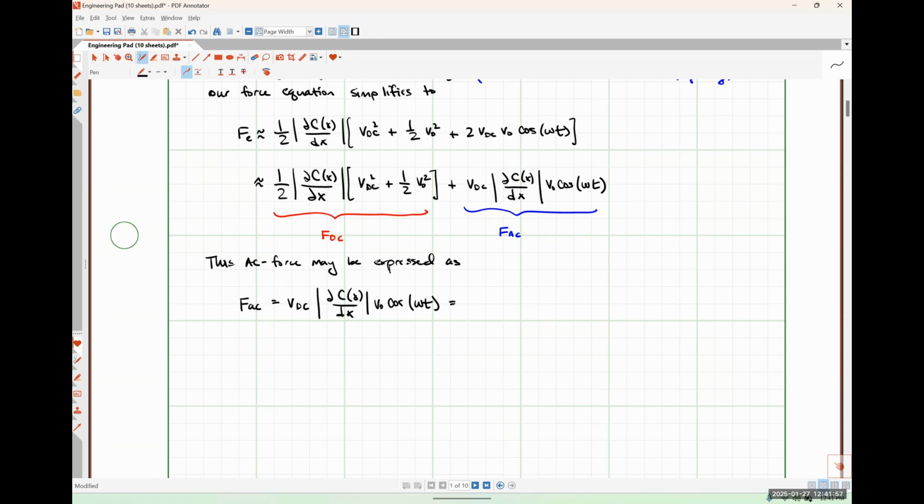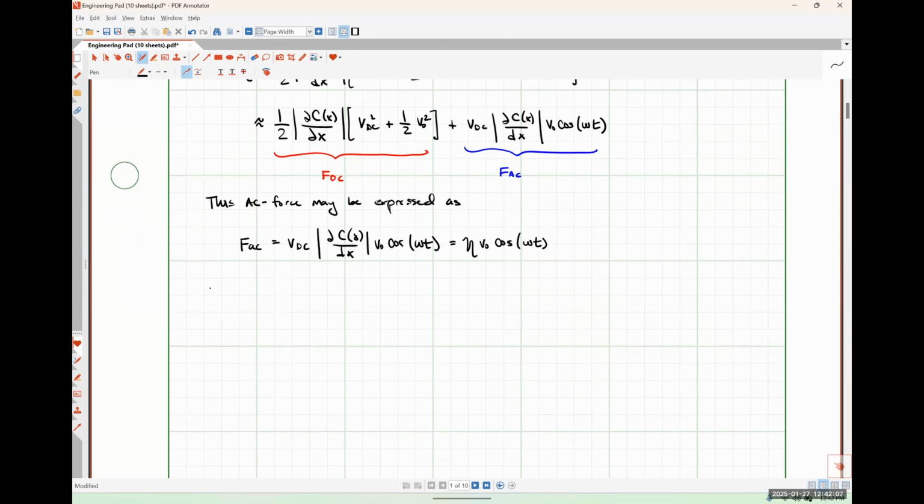We could rewrite this as eta V naught cosine omega t, where eta is simply VDC times the derivative of our capacitance.